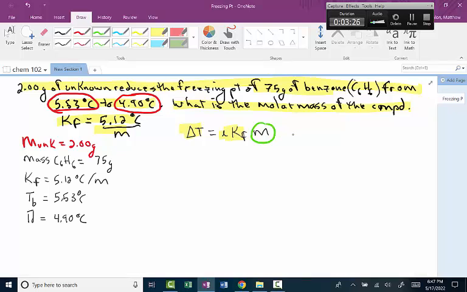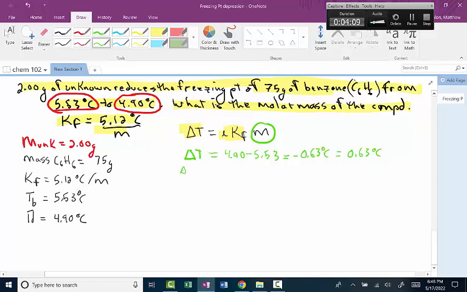Okay, so delta T is equal to 4.90 minus 5.53, and that equals negative 0.63 degrees Celsius. Well, we just drop that negative sign and make it 0.63 degrees Celsius. And so now I have delta T. I'm going to move it over here because I don't have a lot of room.